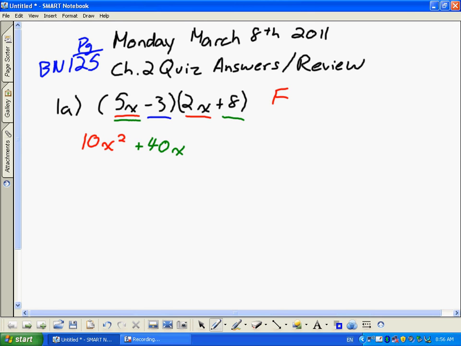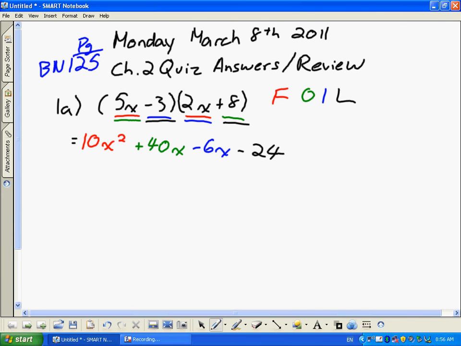Our inside numbers are negative 3 and 2x. That's going to give us negative 6x when we multiply them. And finally, our last numbers are 8 and negative 3, negative 24.